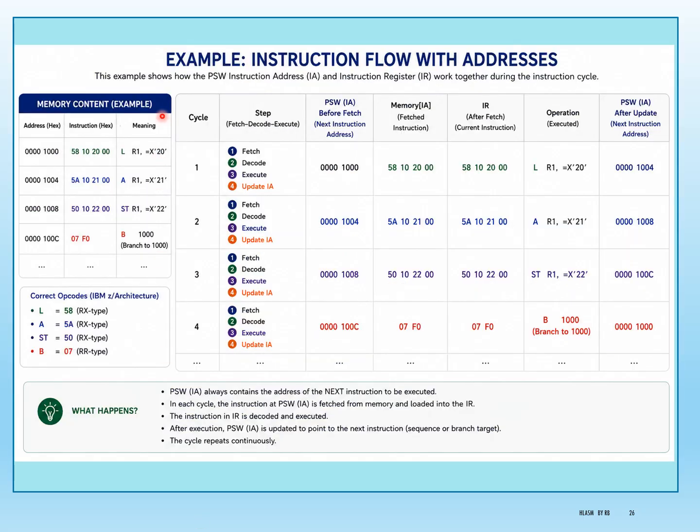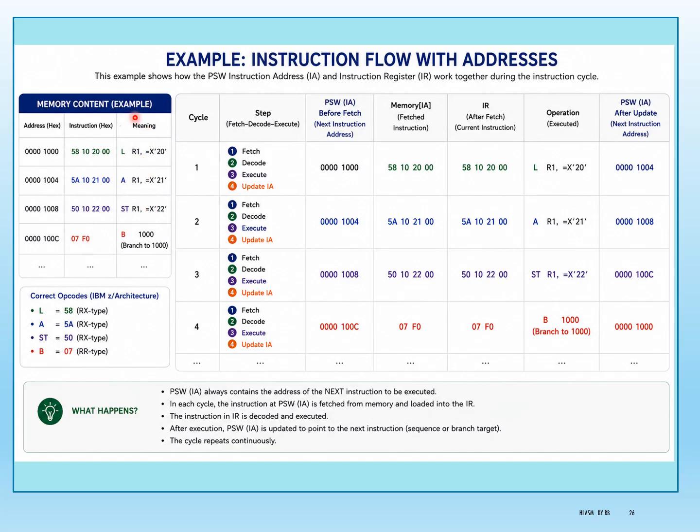Okay, I will show you in a different way. Same thing. Let us assume that these are my actual instructions: L R1 equal to x20, A R1 equal to x21, whatever it is, ST R1 x22, whatever. These are my assembler instructions, and we will look into how this became 58102000 and all those things after some time when we are doing class 2.